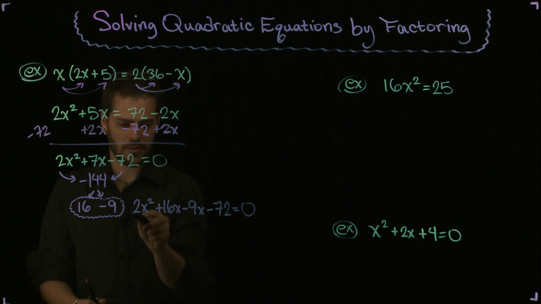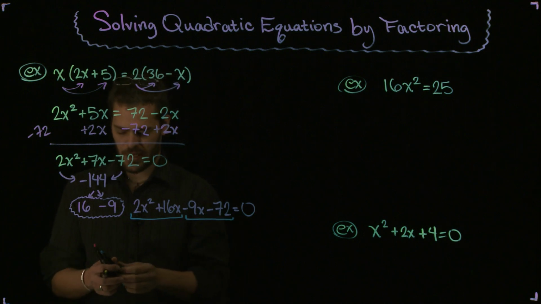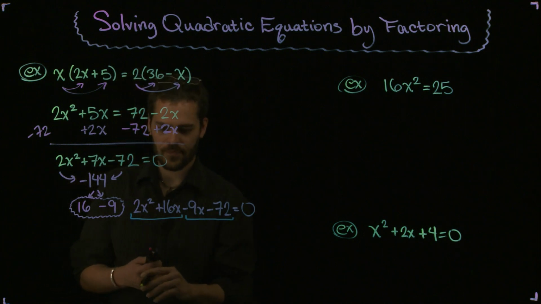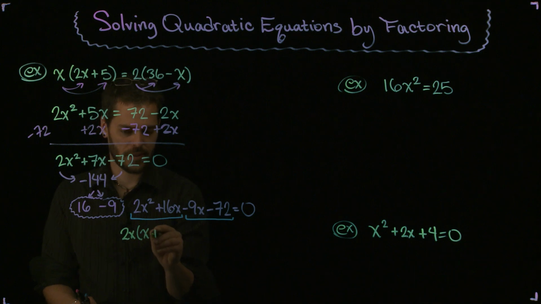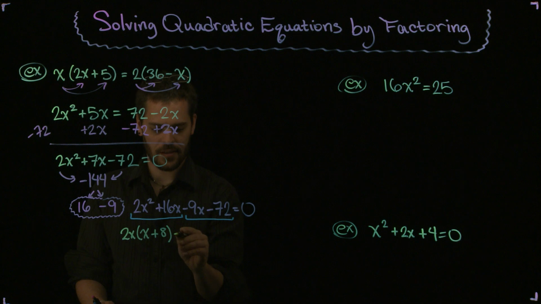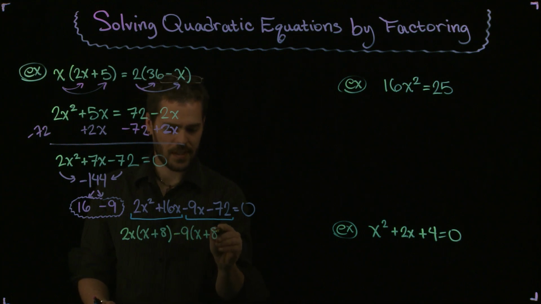And now we are going to group each pair of these terms and factor out the greatest common factor from each one. So I can take a 2x out of this, and I'm left with x plus 8. I can take out a negative 9 here, and I'm left with x plus 8.